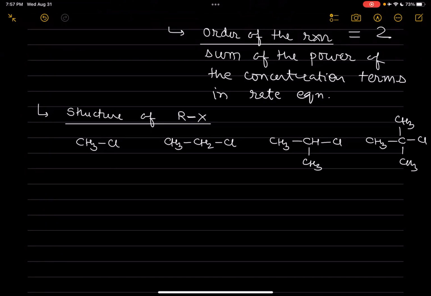I'm keeping the halogen same and changing the alkyl group. Is it clear? So where the reaction is going to occur fastest, where it will get completed most easily.